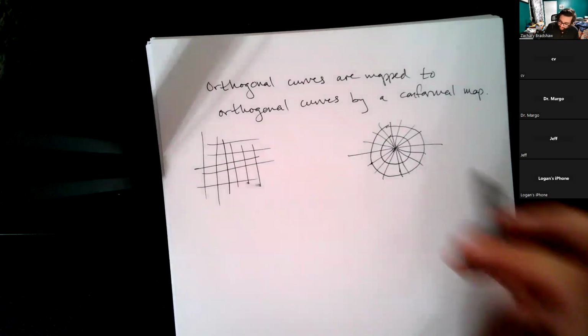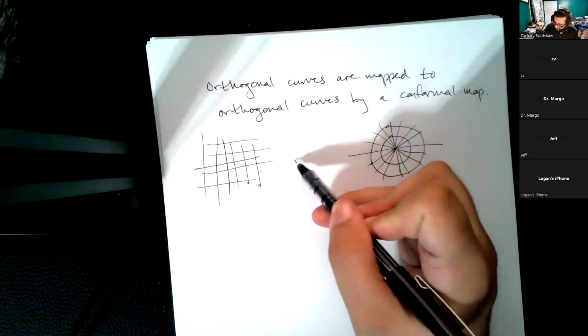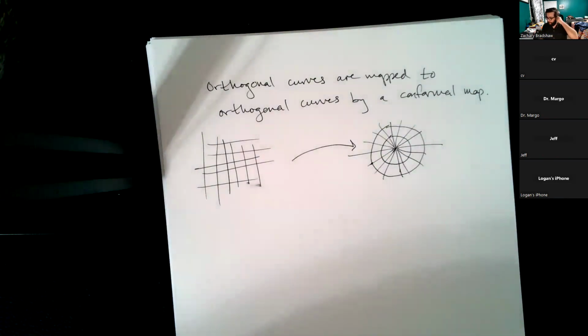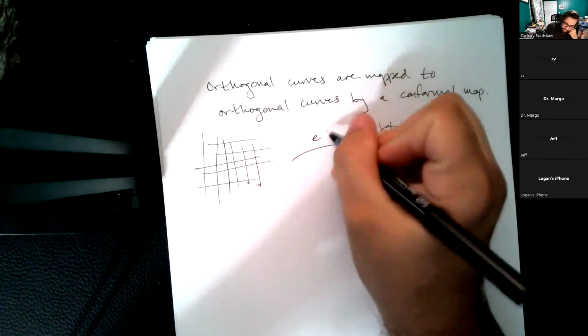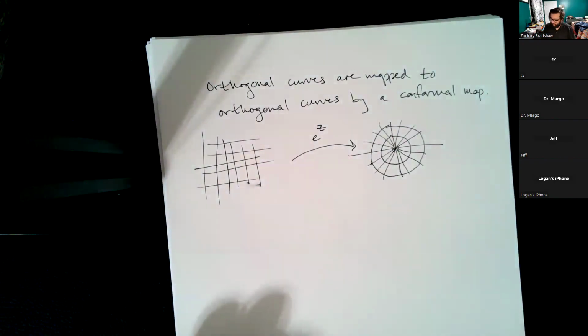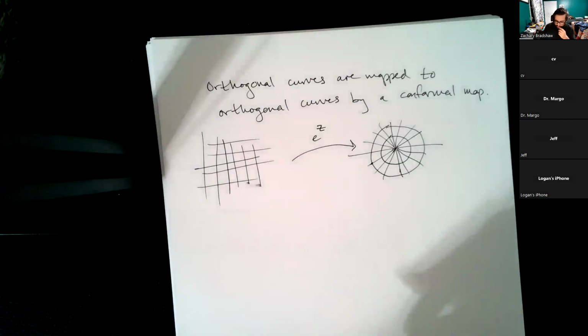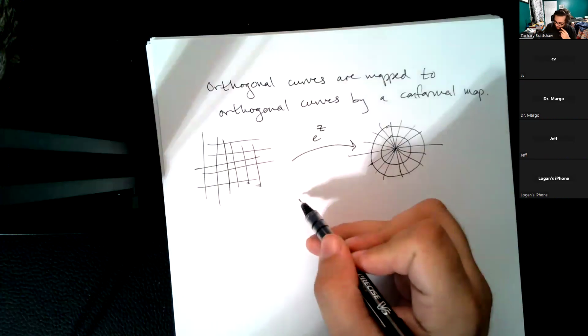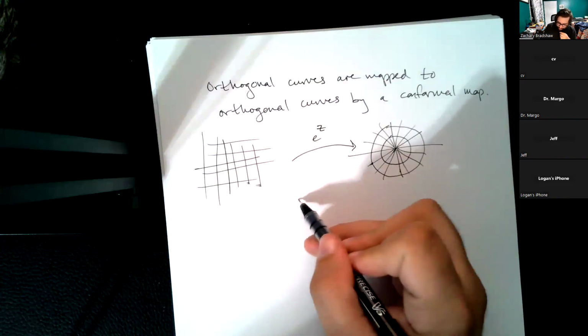And what's interesting is that there's a map that goes between these two in particular, and that is the exponential. I should say, I do need to restrict this somewhat.